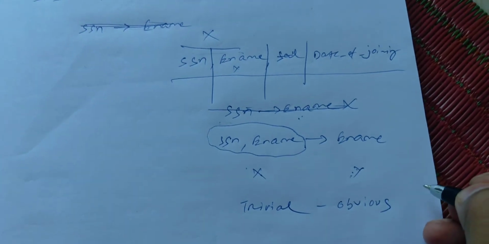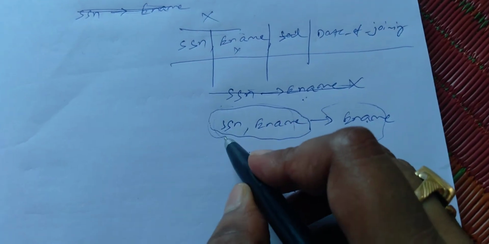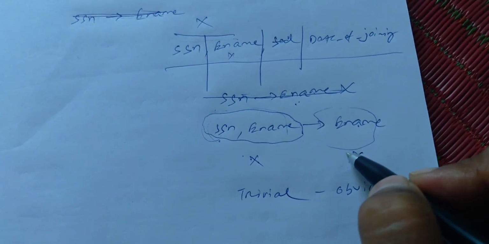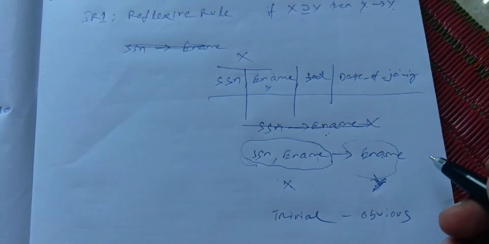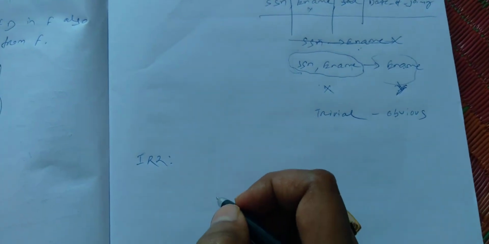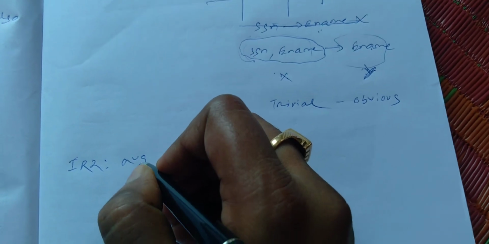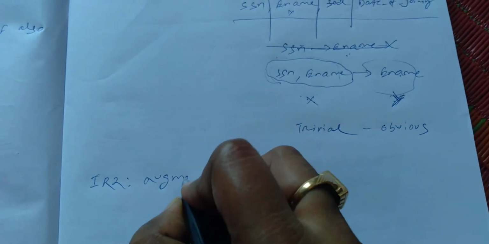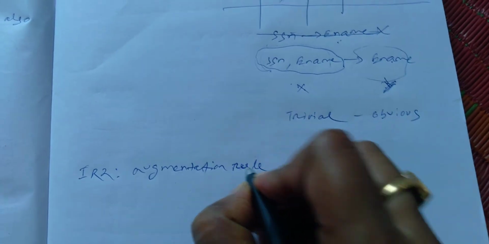It is quite obvious that if an attribute is part of another attribute set, then that set can functionally determine Y. Next is IR2, that is, inference rule 2, the augmentation rule.